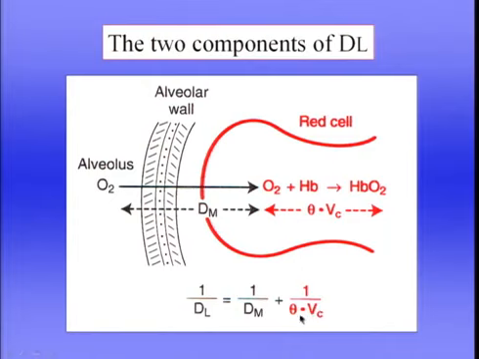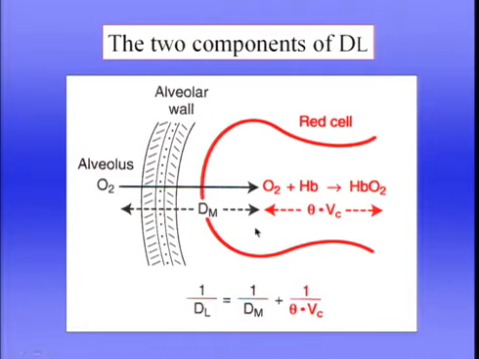The other thing that this helps us to do is that we can actually separate these two factors and measure them independently, because we can operate on theta, the rate of reaction of carbon monoxide. Now we're talking about carbon monoxide. The rate of reaction of carbon monoxide with hemoglobin can be altered by changing the PO2 of the alveolar gas. If we raise the PO2 in the alveolar gas, because both oxygen and CO are competing for hemoglobin, theta for carbon monoxide is reduced.